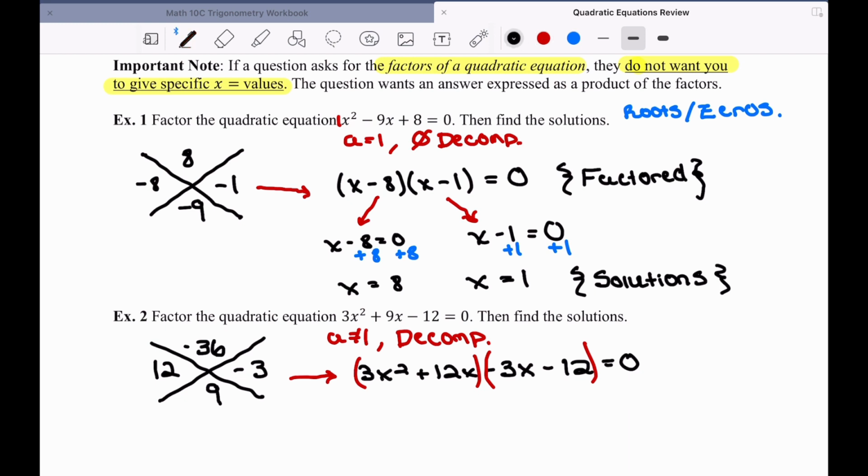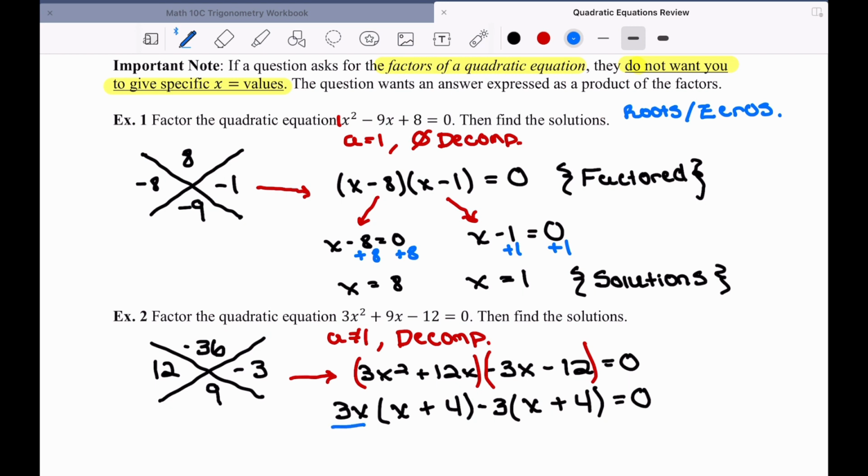What can I take out of the first one? I would take out a 3x, which leaves me with an x in the brackets. If I take 3x off of 12x, I'm left with 4 on the interior. In the second pair, I can take out a negative 3 from both of them as the greatest common factor, leaving me with x plus 4 in the brackets, and this is equal to 0. Now, what do I have to do?